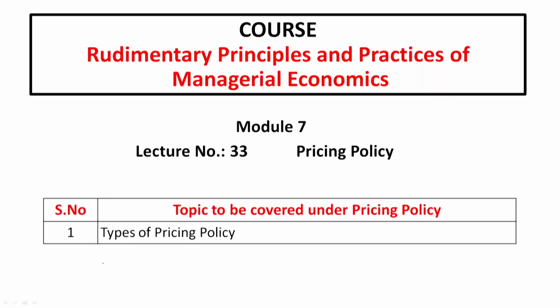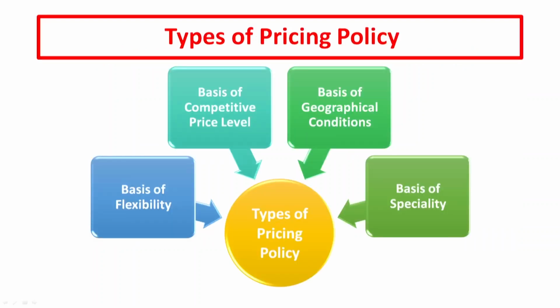In the last lecture, we talked about different aspects of pricing, and in this Module 7, lecture number 33, we'll be taking up the topic based on the theme of types of pricing policy. As you can see on the screen, there are basically 4 types of pricing policy: speciality, flexibility, competitive price level, and geographical conditions.